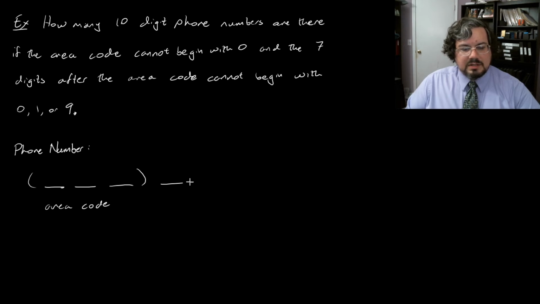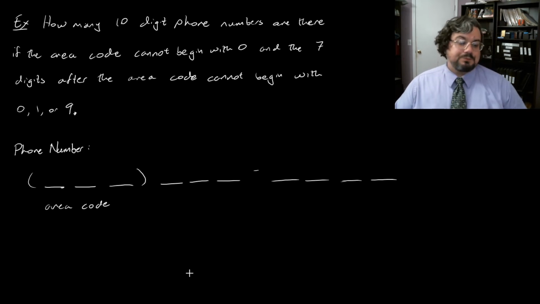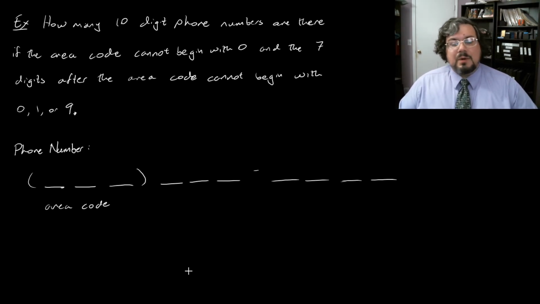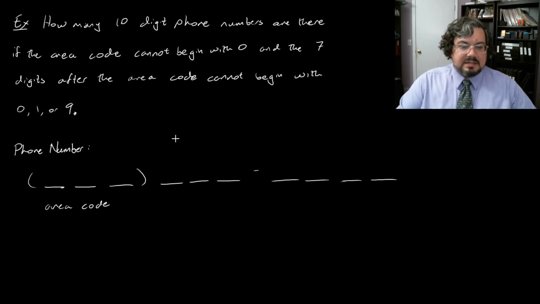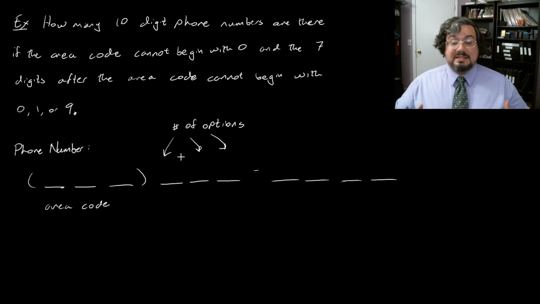And then we're going to have 7 more digits, which are usually written in a group of 3, then a group of 4. And now what we want to record in each one of these slots here is the number of options for each one of these digits.